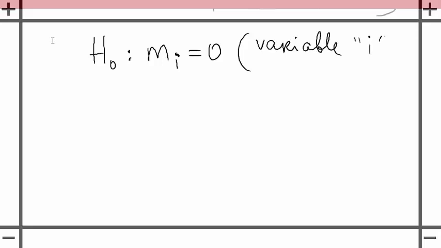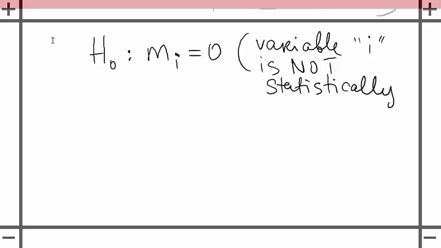Null was that the slope, and the slope in the United States is m, letter m. If I have the slope for variable number I, whatever it is, and I can set it equal to 0, that means that variable I is what? Significant or not? Not significant.